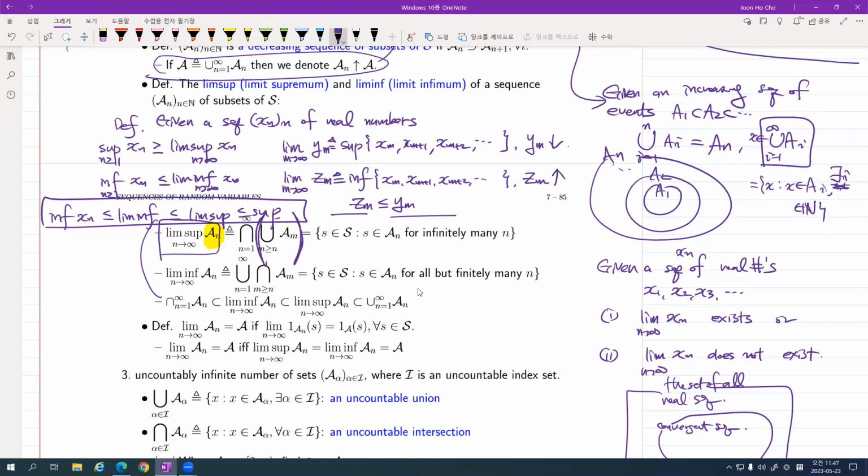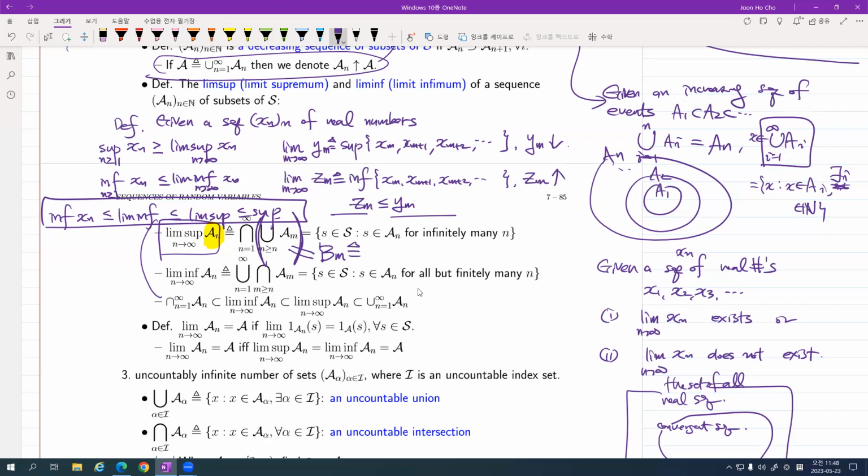Now, what is this one? This is very similar to that one, except we have a union of sets. Here, we take the supremum of infinite numbers, right? Here, we take the union of subsets. What is that? Let's define this as B sub m.